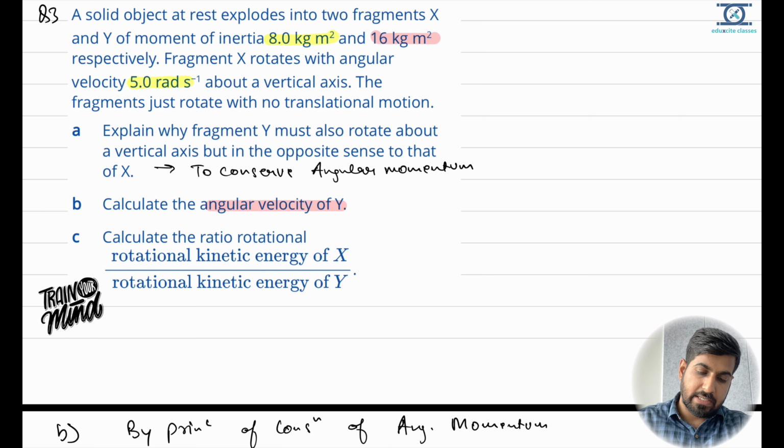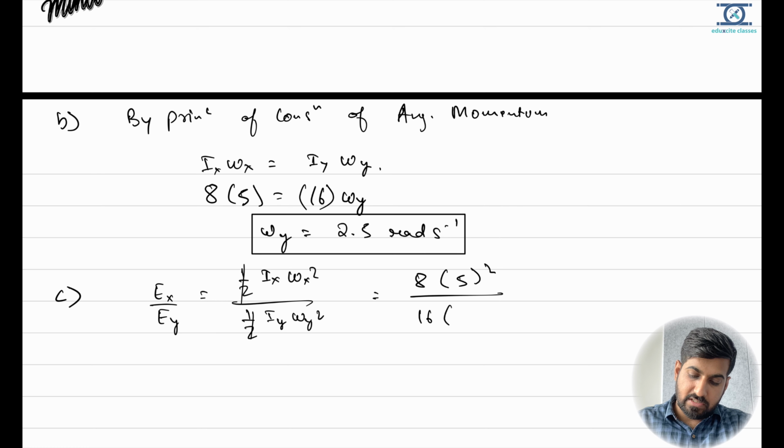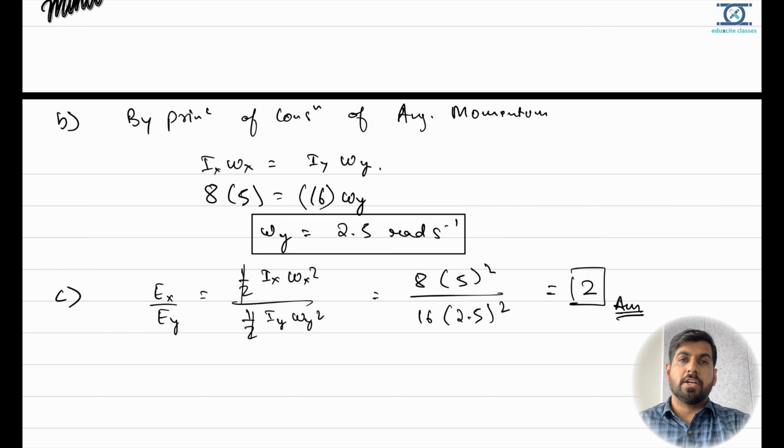I x is 8, omega x is 5 square, upon I y is 16, and this is 2.5 square, right? So simply while solving this, you will get the ratio as 2. Okay, so this will be your answer for the C part. I hope it is quite clear.